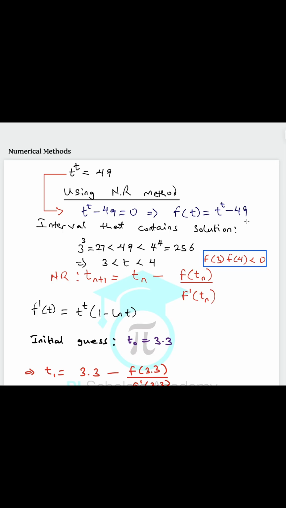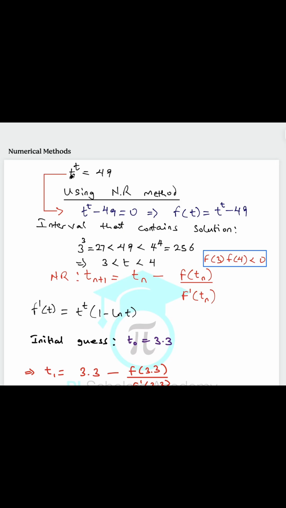Since the interval is unknown in this case, we can make a calculated approximation of what the interval that contains the solution will look like. And how can I do that here? If you go back to this equation, you would notice that if you put 3 to the power of 3, that's 27, which is not up to 49.